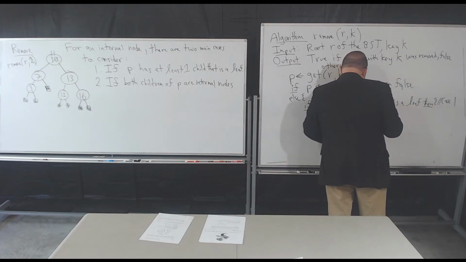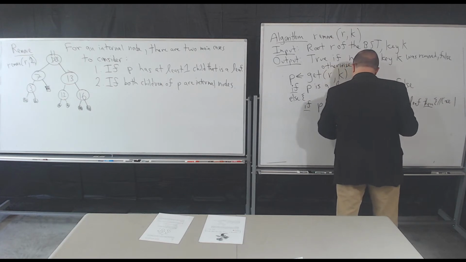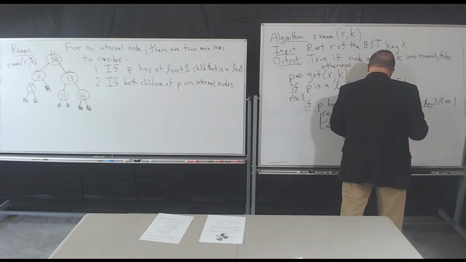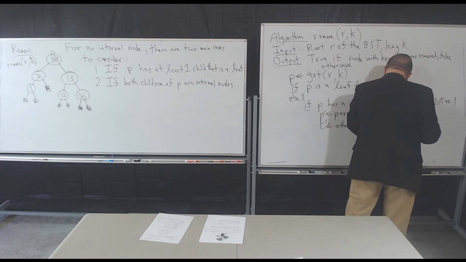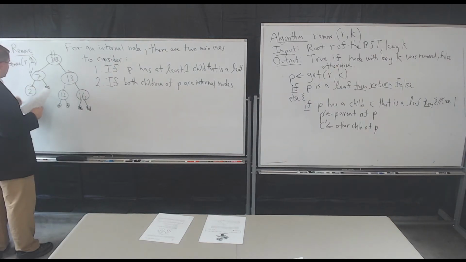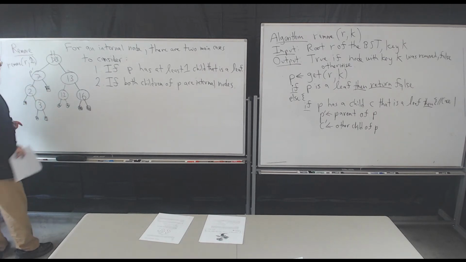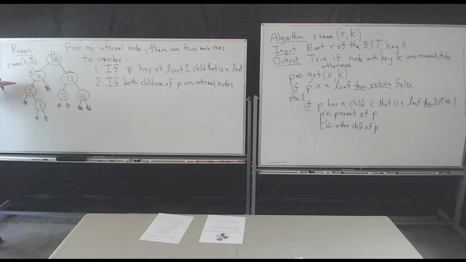Okay, C prime is just going to be the other child of P. So in my example, if I'm trying to remove 2 here, my get operation would find me P. So this is P. P prime is its parent. This is C. That means the other child of P is C prime, that's the 3 there.